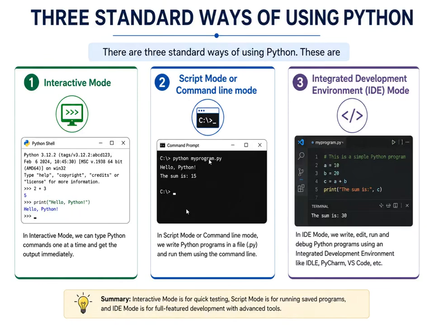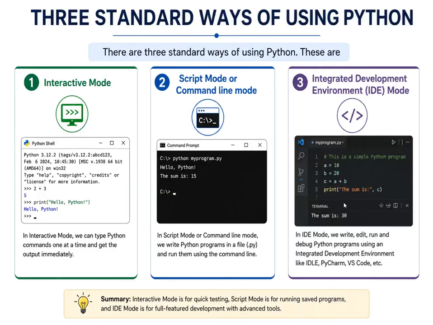In script mode or command line mode, we write Python programs into a file and then run it on the command prompt. And in an integrated development environment, we can write, edit, run and debug Python code. There are three different ways.